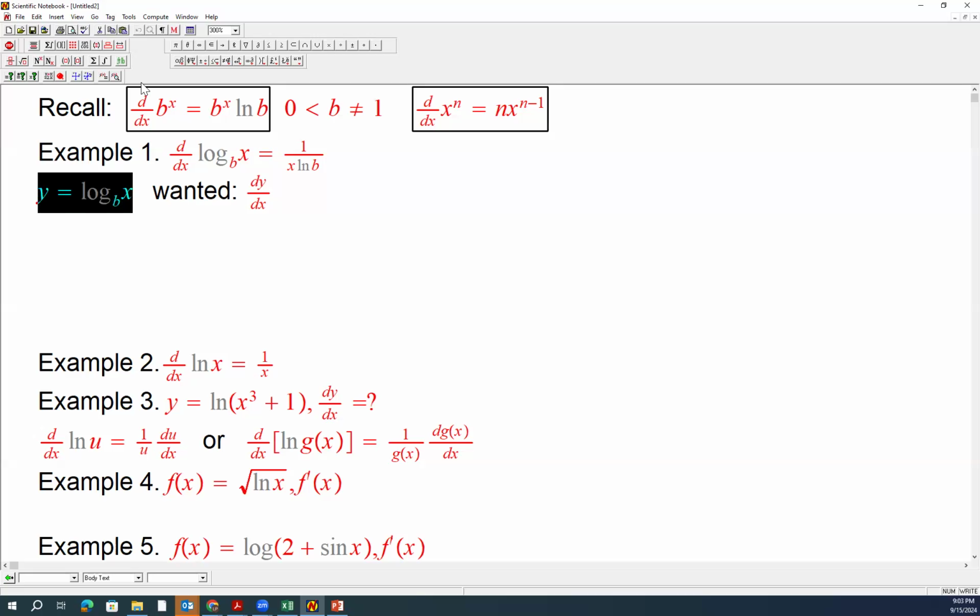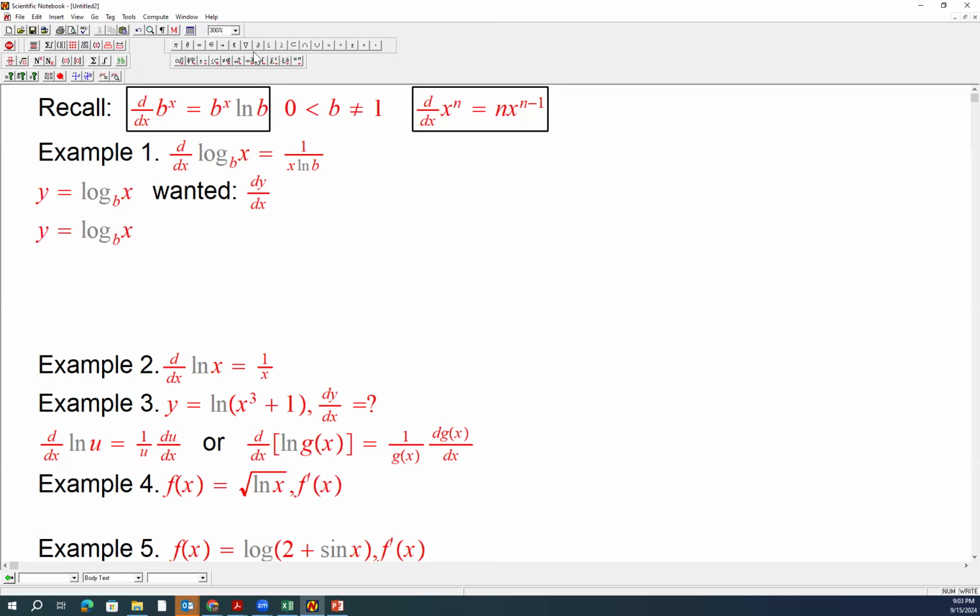From this relationship, by the definition of logarithm, this expression takes us to b raised to the power of y equals x.